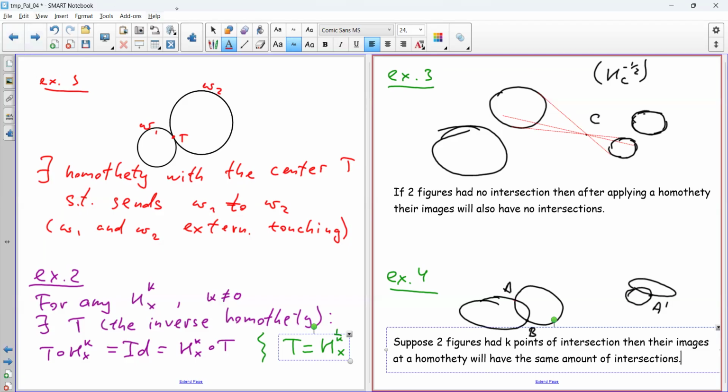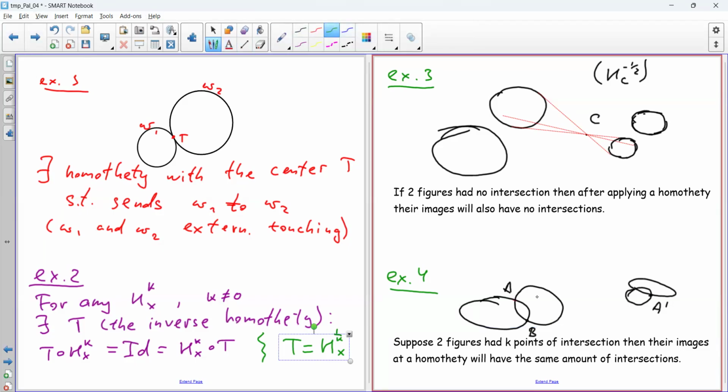So now imagine we take 1 point of these. Again, here is the center, C. We can literally track where it goes, right? It goes to here. And we can say that A prime would still be part of the image of figure 1. It would be part of the image of figure 2. So it definitely will be part of the intersection of the images.